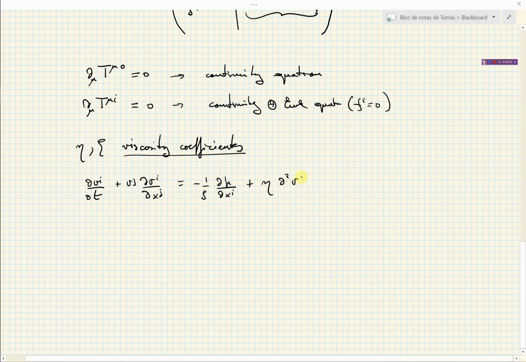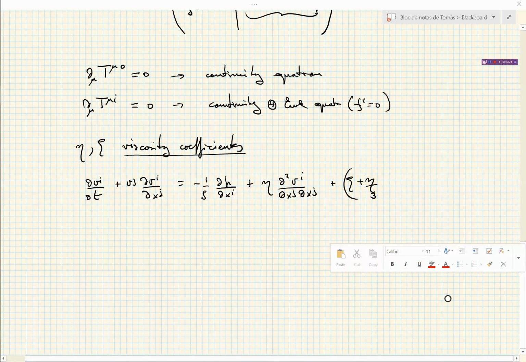Okay, one of them is proportional to the second derivatives of velocities, and there is a combination of these two viscosity parameters, which is proportional to another term, which is a second derivative, but now with a different index structure.